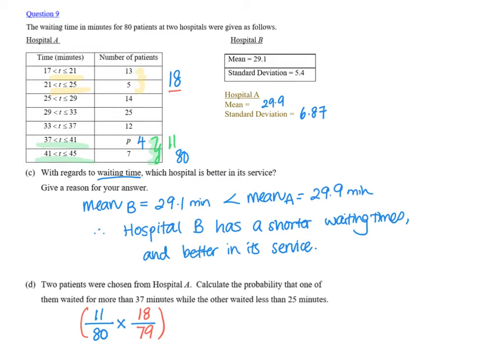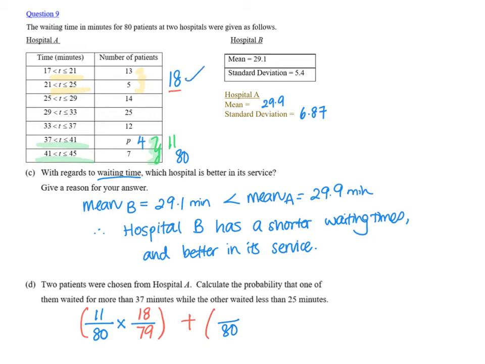But they didn't state the order. So I can have the first patient to be more than 37, the second patient to be less than 25 minutes, but also I can have another different case. The next case is where I can choose, out of 80 patients, the one that is less than 25 minutes first.